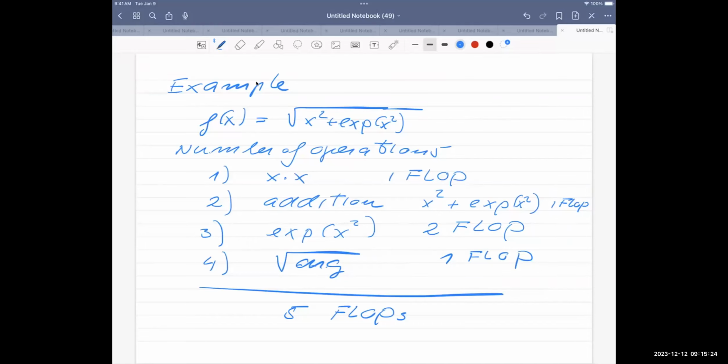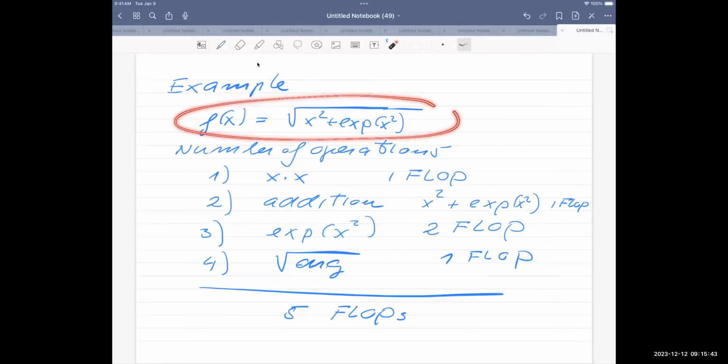So just to quickly recapitulate what we discussed before the break, we wanted to link automatic differentiation with back propagation. And we started with a simple example where we selected this function f of x. And then we went through what we would call a brute force calculation of the derivative.